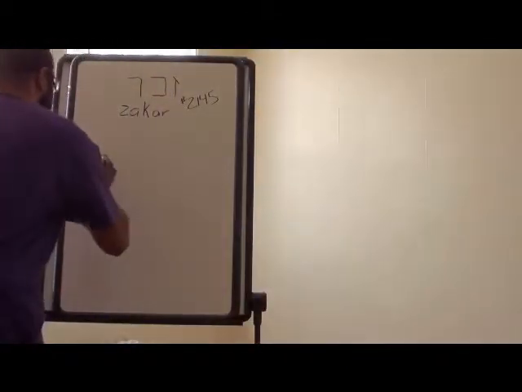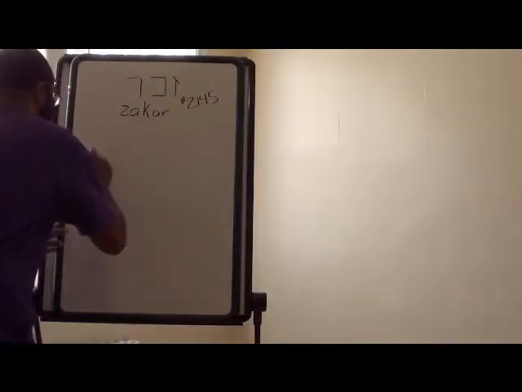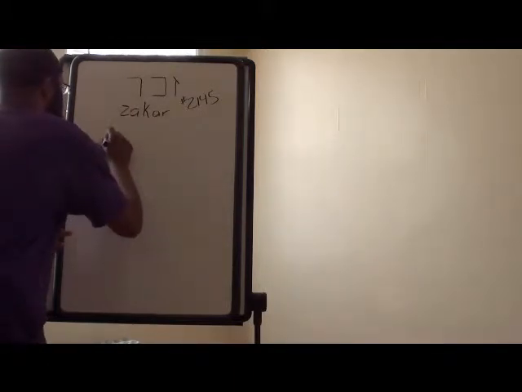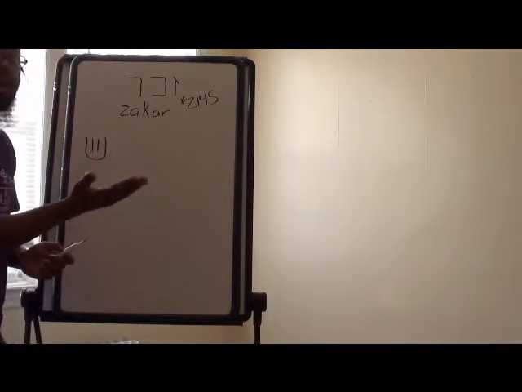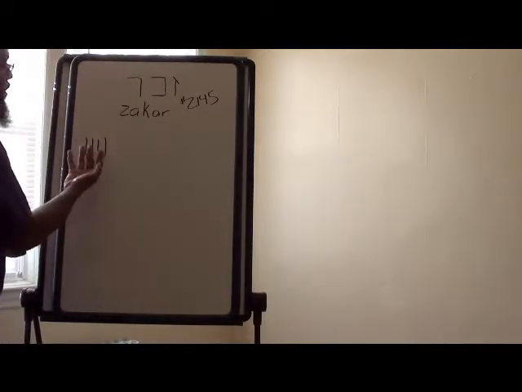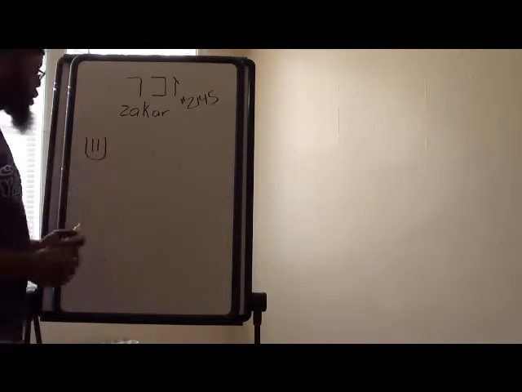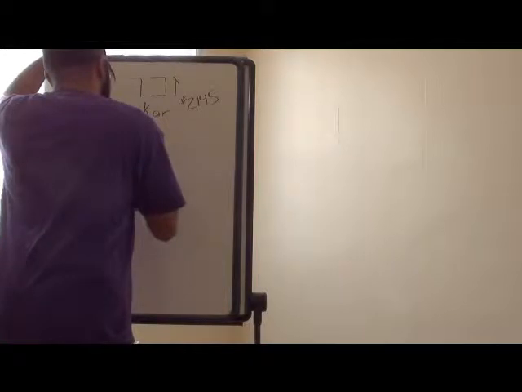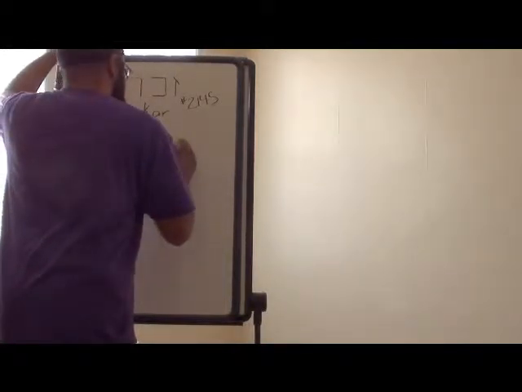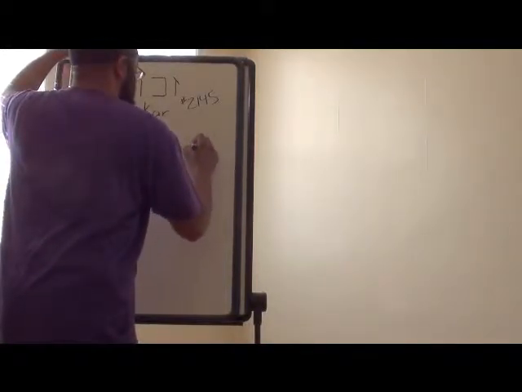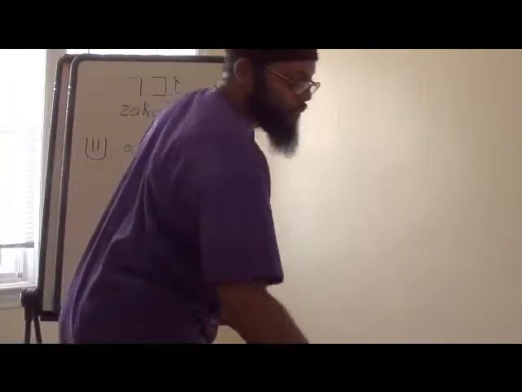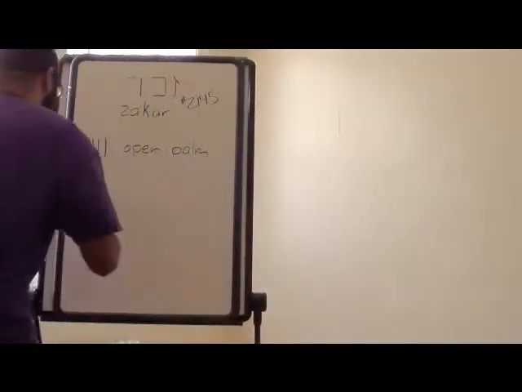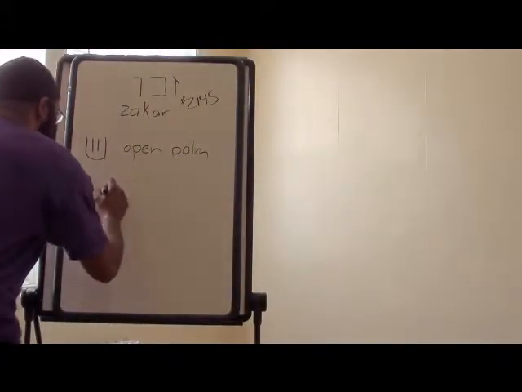So this is the parent root you have, and now this was the open palm of the hand. Okay, these are supposed to be like the fingers. Open palm of the hand. Okay, and of course you have the resh in this pictograph form.